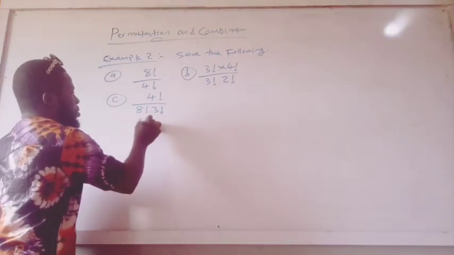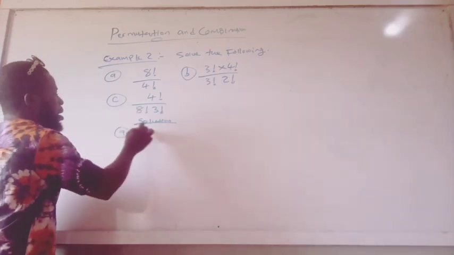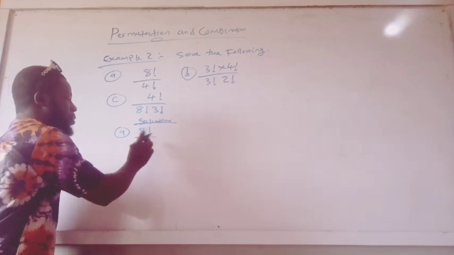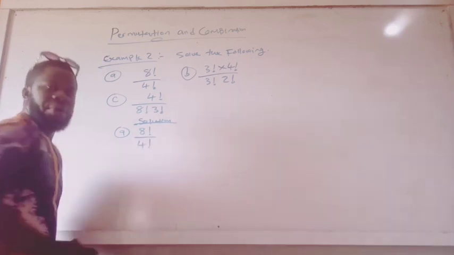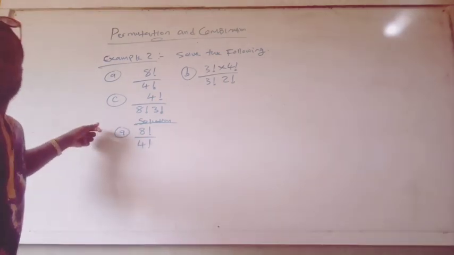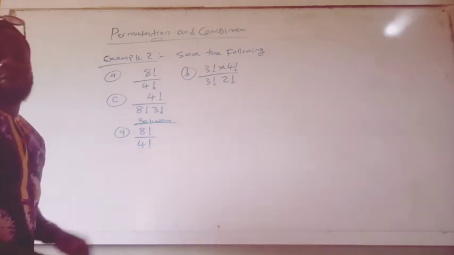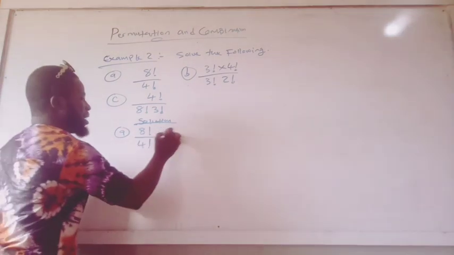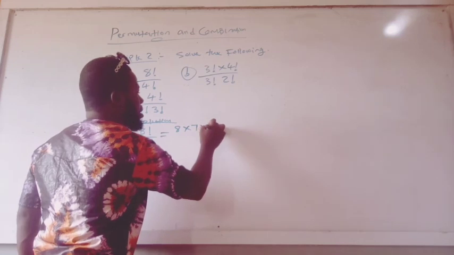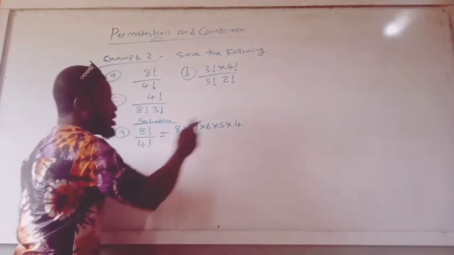Let's see the solution. We have A, 8 factorial divided by 4 factorial. Recall, in the last one, I told you that you can express this factorial in a way that will be in terms of 4 factorial. What am I saying? I can say my 8 factorial is 8 times 7 times 6 times 5 times 4 factorial.